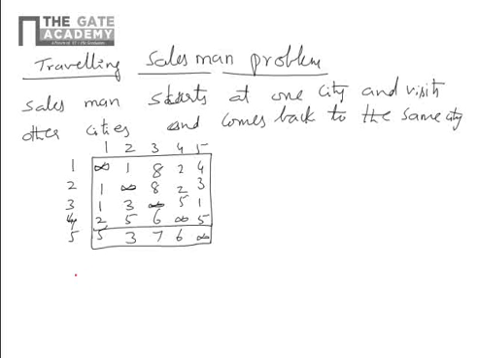So start with row transformation. Step 1: it is a square matrix, checked. Row transformation and column transformation we do in one step only.